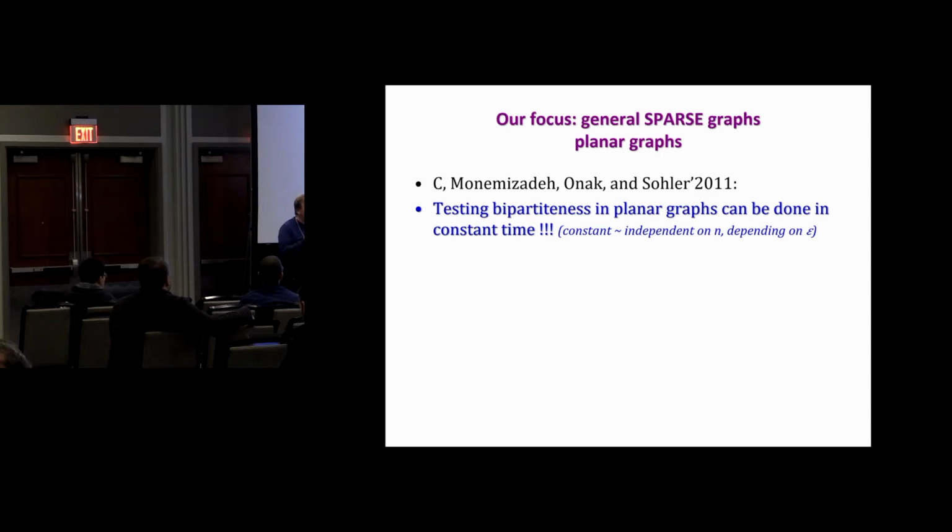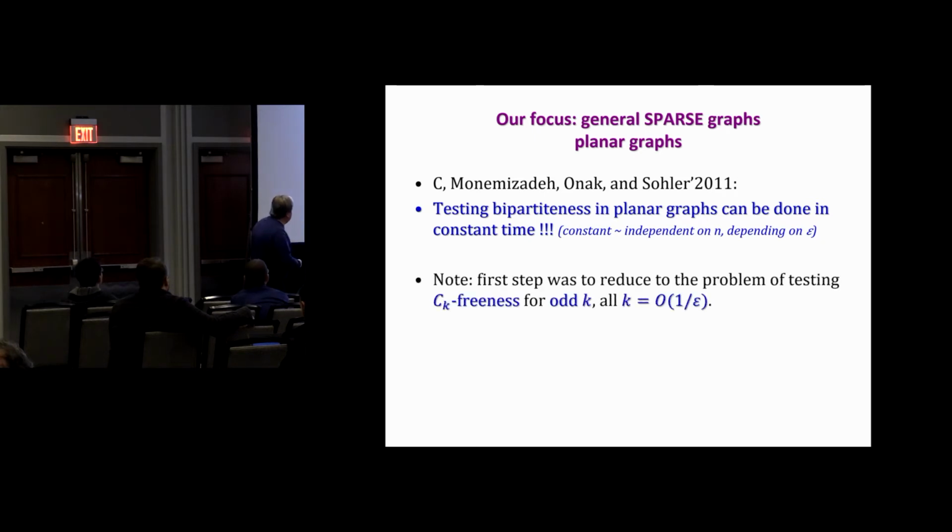Bipartiteness is a very important benchmark problem in property testing for graphs. In all the models that I presented before, one of the very first problems studied was bipartiteness. So we took this for planar graphs and showed that we can solve it. Then the question was, what else can we do beyond planar graphs?